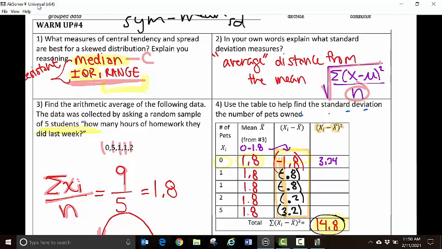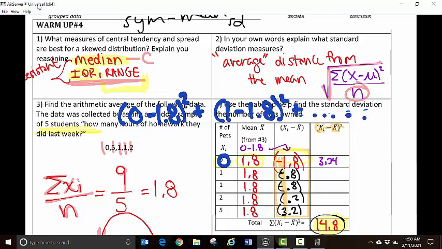You don't have to use a table. You could have said first score 0 minus the average squared plus 1 minus the average squared plus, add them all up, get your total, and then divide by 4 and take the square root. You didn't have to actually use the table. Any questions on that?